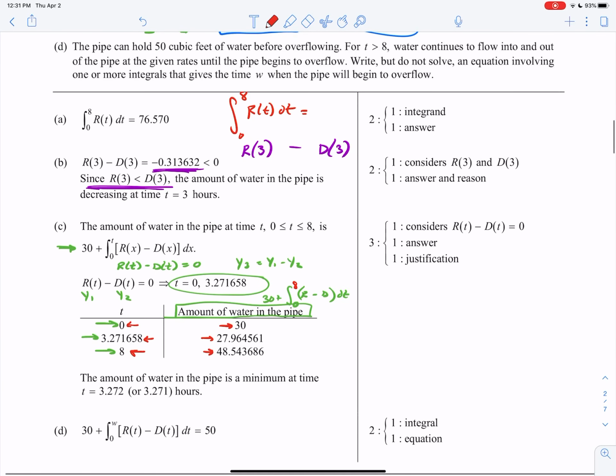So based on this, we could tell where the amount of water is at a minimum. Specifically, this is the amount of water, but they're asking for the time. So it'll be 3.272 or 3.271, depending on how you do it. And your justification is really just your table. So just keep that in mind too.